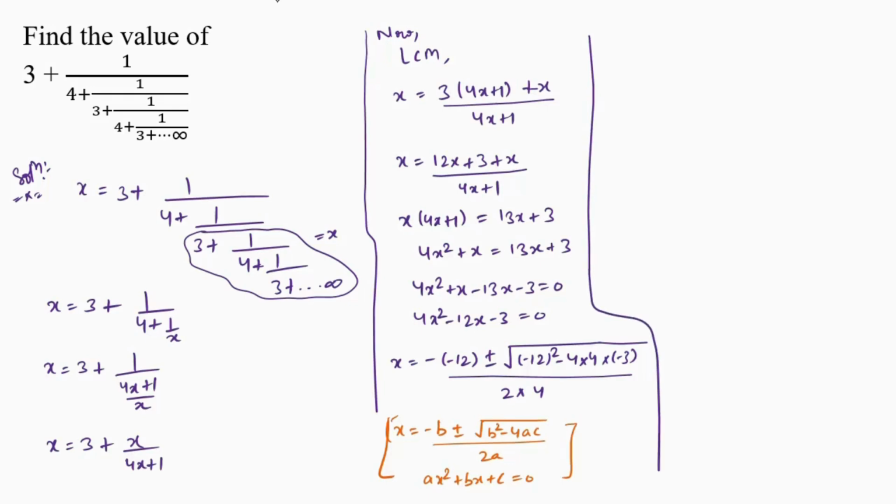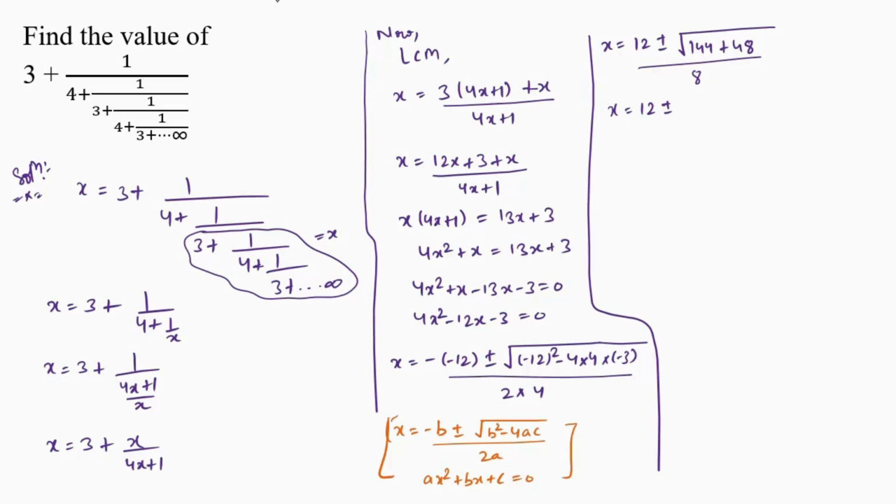So on further solving this, we get x equals 12 plus minus under root (minus 12) square, which is 144, plus 4 times 4 times 3, that is 16 times 3 equals 48, over 2 times 4, that is 8. So x equals 12 plus minus.